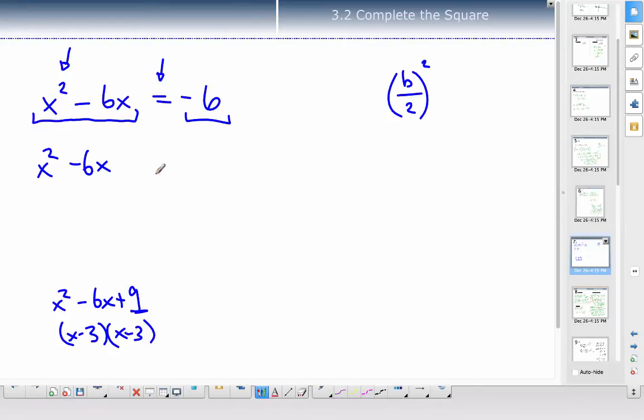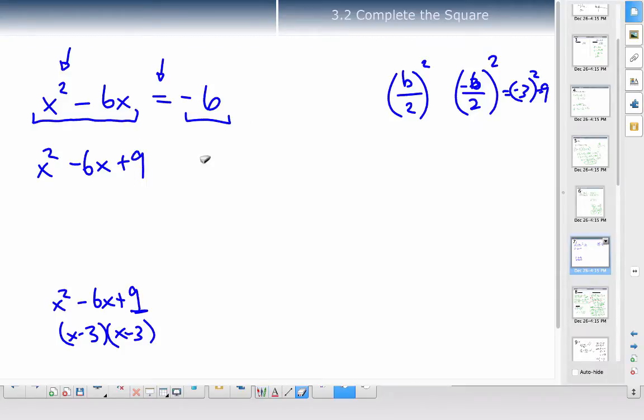Now I'm going to put another term in right here. And what I do is I take this and divide it by 2. Negative 6 divided by 2 and square it. So negative 6 divided by 2, that's where I get my negative 3. And negative 3 all squared is 9. So I'm going to add a 9 there.